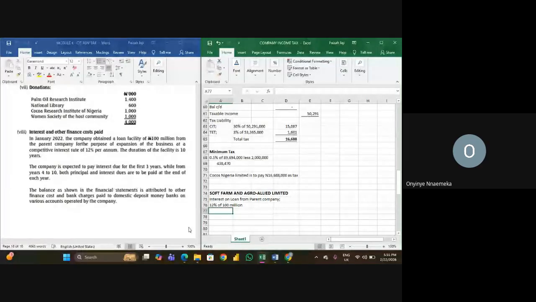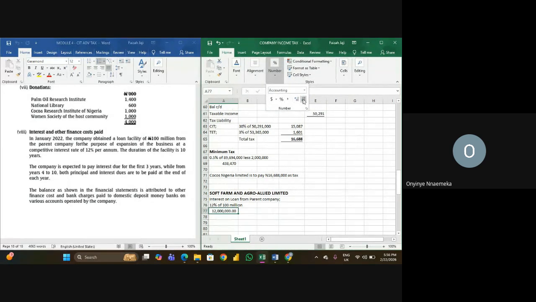So how much is that going to be? 0.12 multiplied by 100 million. That's 12 million. The interest amount is 12 million.